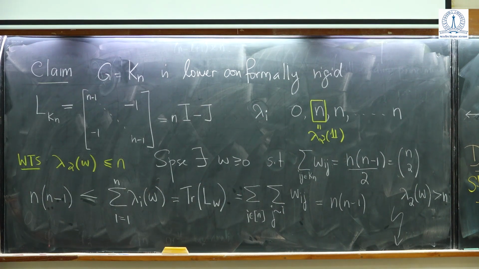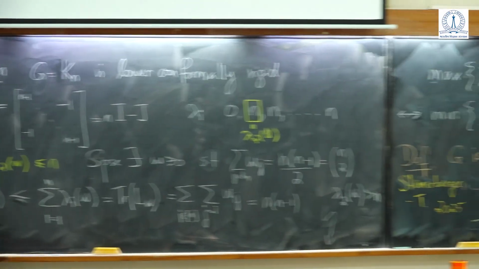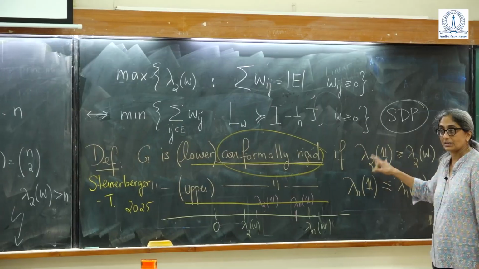And this in general we don't understand. It could be that the all ones wins, but many other weights could also win. That we don't mind, right? It could be that lambda 2 of 1 is the same as lambda 2 of a different weight. That's okay. We're just asking that nothing else is strictly better.